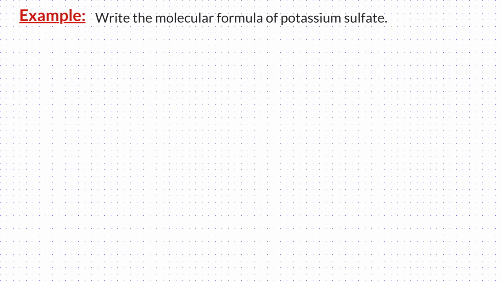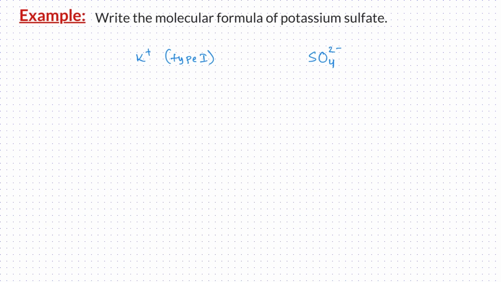Let us do one more example. Write the molecular formula of potassium sulfate. Potassium belongs to group 1, therefore it carries a +1 charge. Sulfate is a polyatomic ion with 2- charge, that is SO4 2-.